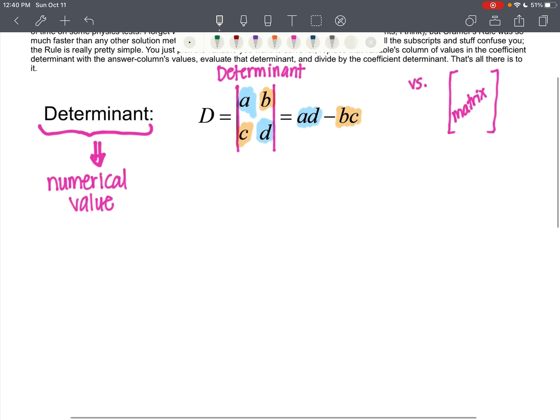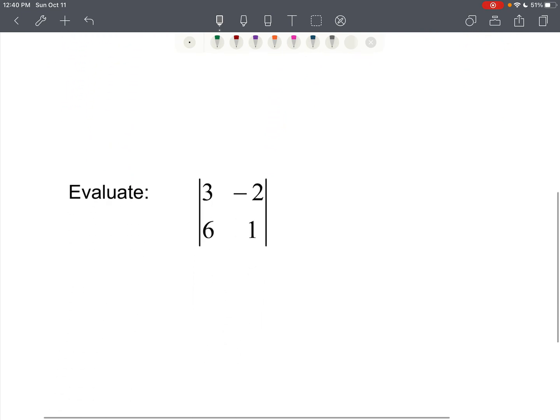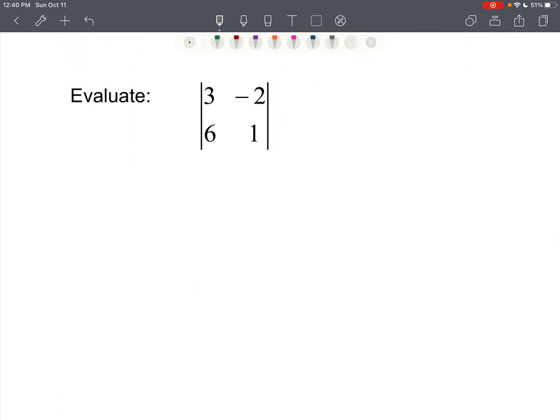Let me show you. Here we have a determinant, 3, negative 2, 6, 1. The value of this is going to equal 3 times 1 minus negative 2 times 6. So I'll use the highlighter to show you. 3 times 1 is going to be 3, and then we're going to subtract from that negative 12.